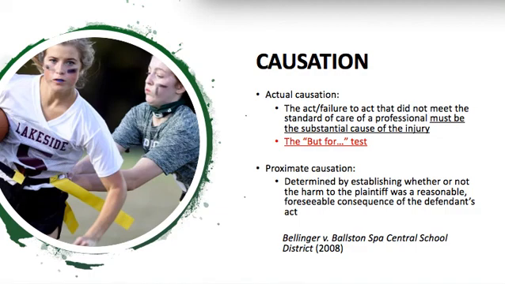So the parents, in this case, decided to sue the school district, right? They basically said, this is negligent supervision. The PE teacher wasn't there monitoring this activity, and therefore, we think that the school district was negligent.